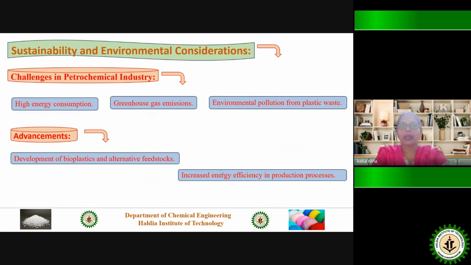They have high energy consumption. They also have greenhouse gas emissions. And finally, environmental pollution from plastic waste. So we have to think about something more. So the development of bioplastics and alternative feedstock comes in, as well as increased energy efficiency in production processes.